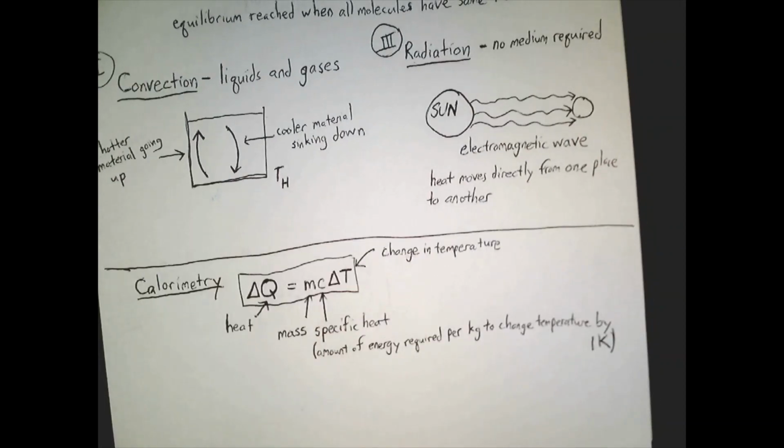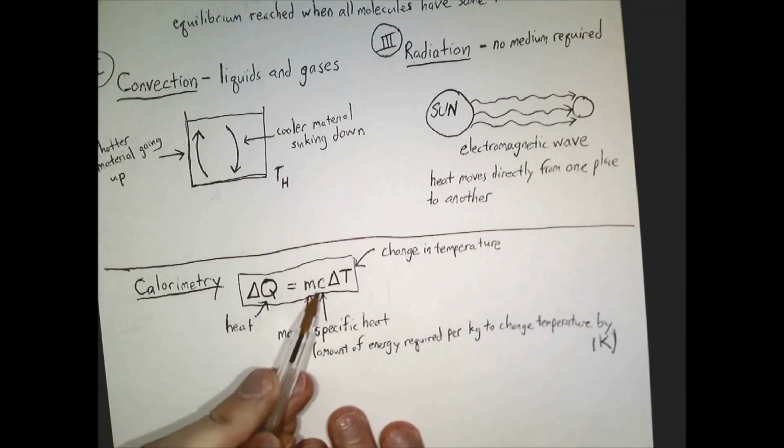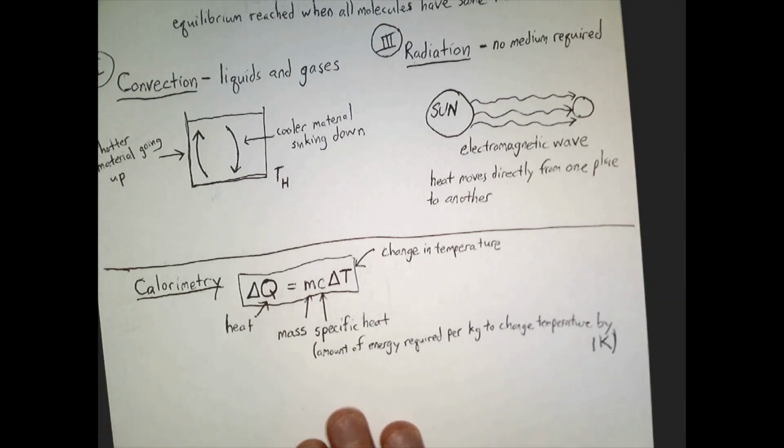It is a material property of that object, and that is going to tell you how much heat you have to put in to change 1 kilogram or 1 mass unit of that material by 1 degree Kelvin or Celsius. So the higher this value, the more heat you need to put in.